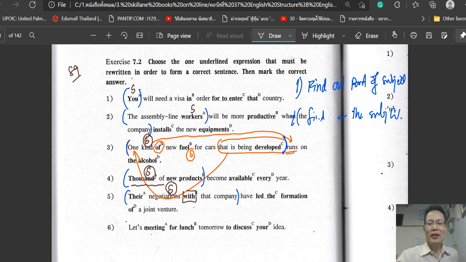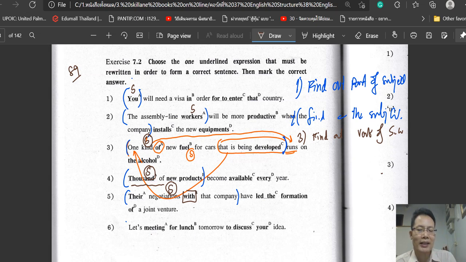Okay, the third step is to find out the verb of the subject. Verb. See whether it agrees with the subject or not. Agreement, subject-verb agreement. You will, okay, no problem with you will. Will can be used with every subject.